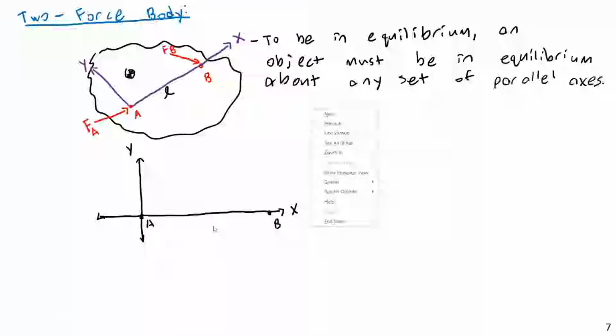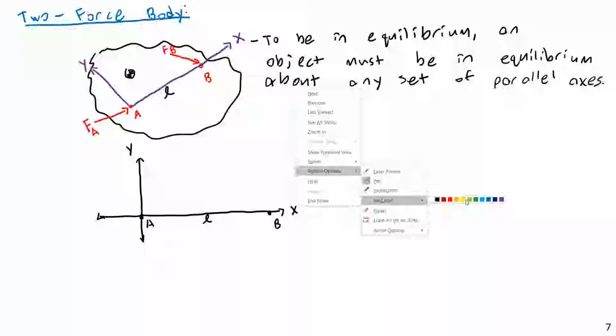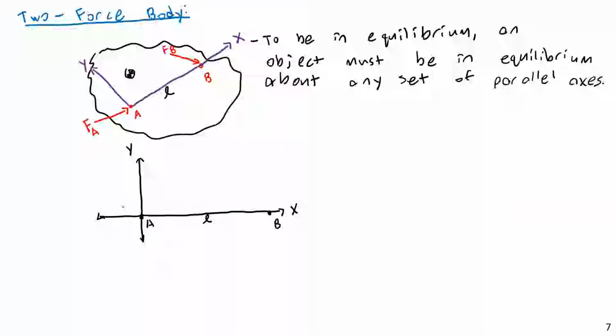And then these are separated by some distance L between A and B. And we have some forces, and I'm just going to show these at arbitrary directions. And let's say I have FA here and FB here. And again, the directions are totally arbitrary.